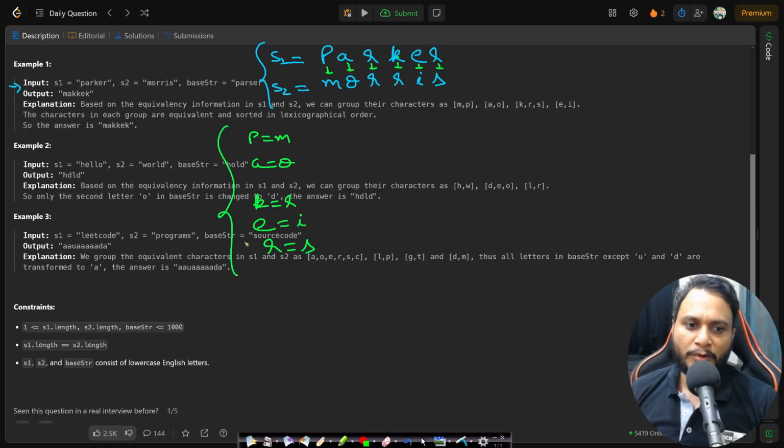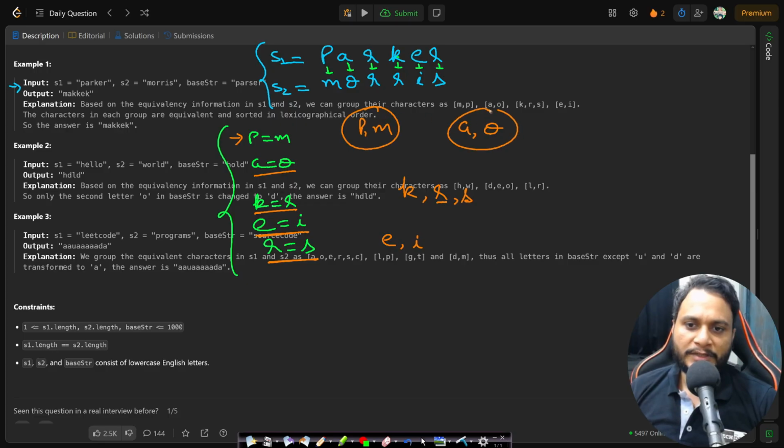Now how do you put them under different sets? p, m can be put under the same set because they are equal. a, o can be put under the same set. k, r can be put under the same set. e, i can be put under another set. r, s: r is already in a set, so you can put another item there.